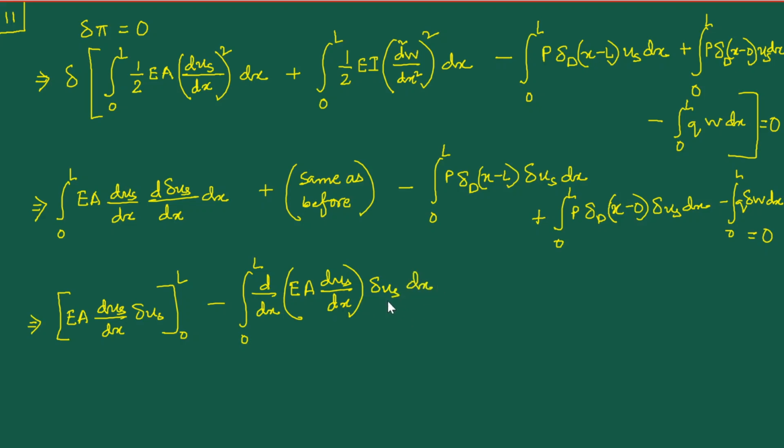Now you see that here we already have the presence of this delta us, which is exactly what we have here and here. So we write the rest of the terms just like they are present in the previous step.